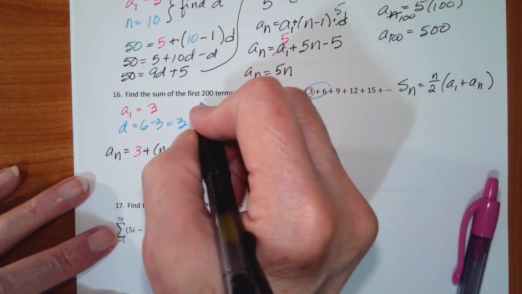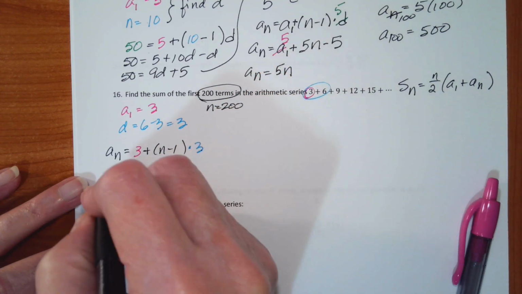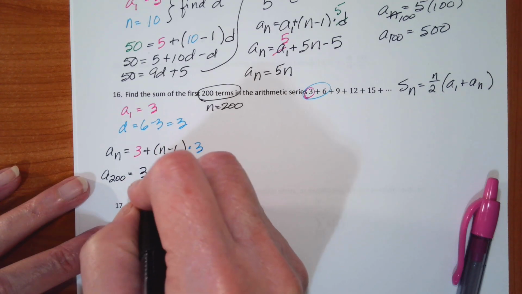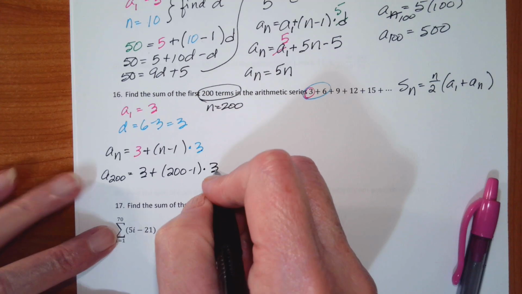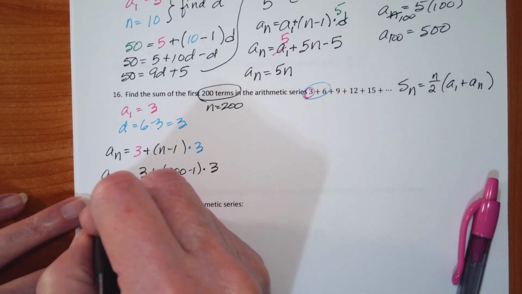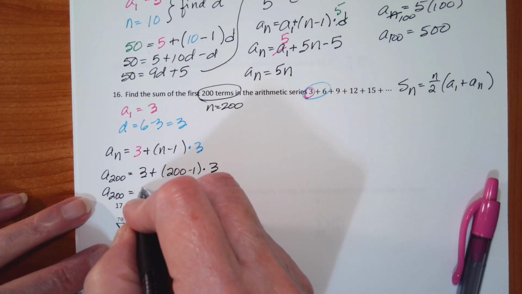I'm sorry, a sub 200. N equals 200. So a sub 200 is equal to 3 plus 200 minus 1 times 3. So a sub 200 is equal to 600.